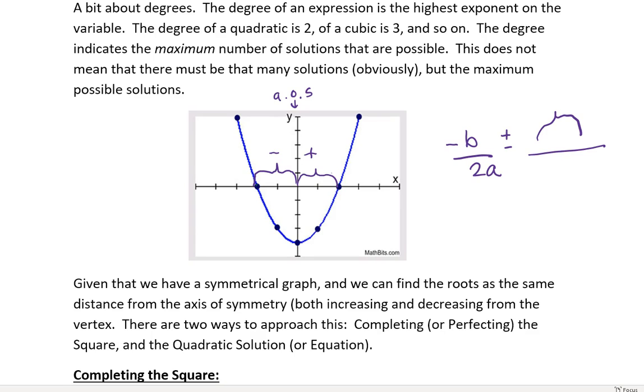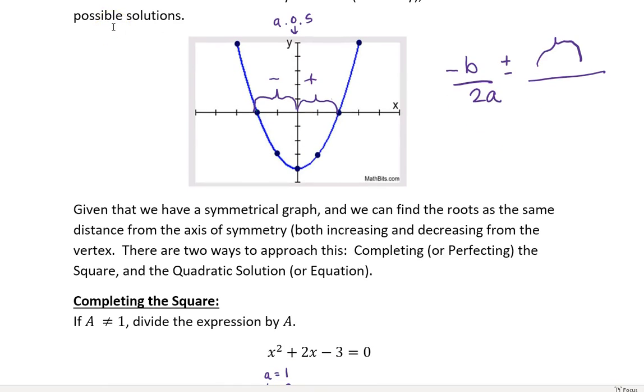So our two options are completing or perfecting the square and the quadratic solution or the quadratic equation. Personally, I prefer to call it the quadratic solution because any equation that has an x squared in it as the highest degree would arguably be a quadratic equation.